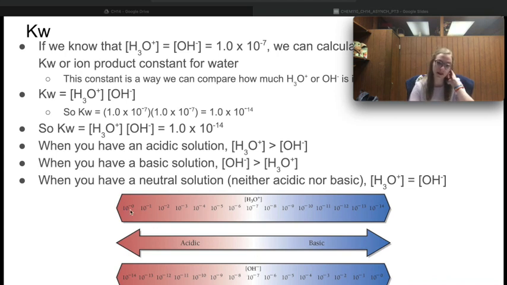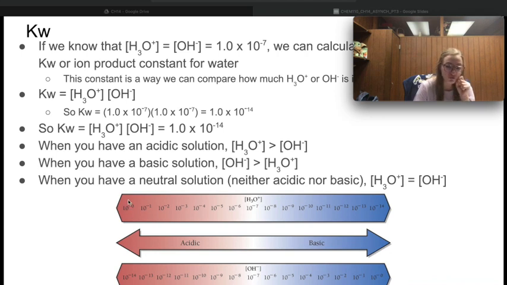For example, if we have something that's very acidic, we're going to see the concentration of H3O+ be quite large. Remember, we have negative exponents, so the smaller the value of the number, the bigger it is, versus down here. This has a bigger value of 14, so this is going to be a very small number.